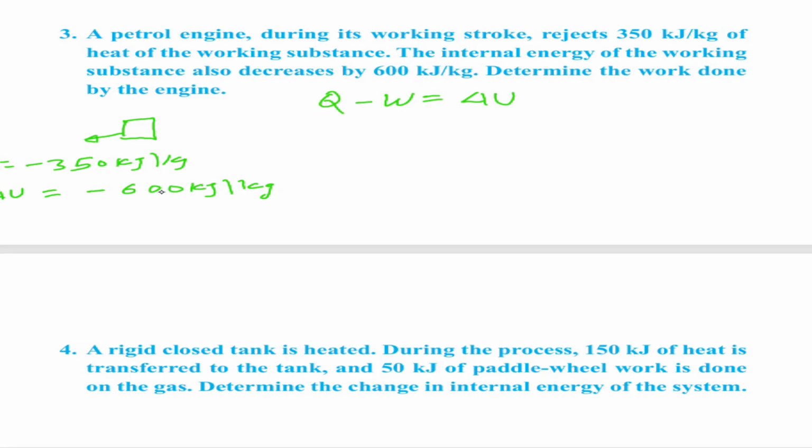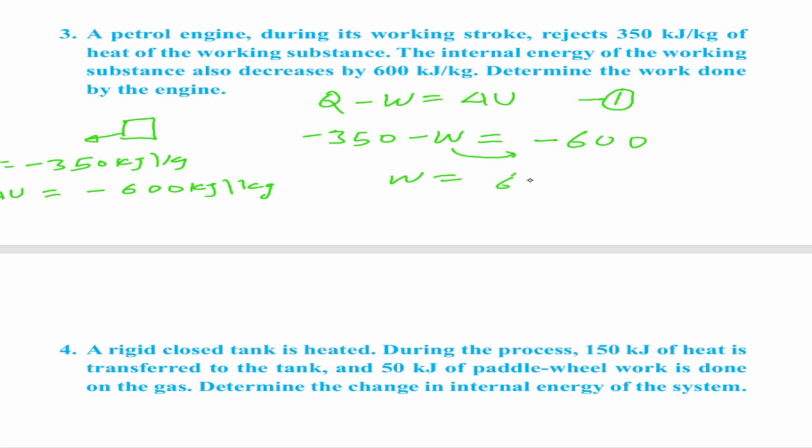Putting these values in equation 1, Q is minus 350 and W we have to calculate, and delta U equals minus 600.